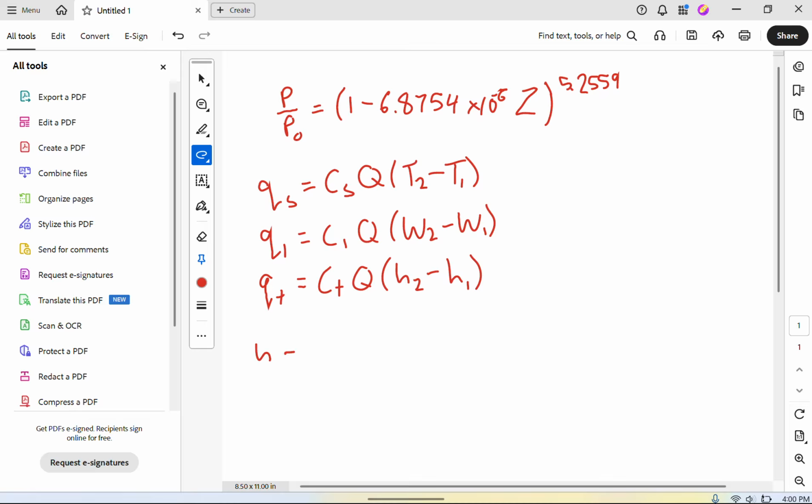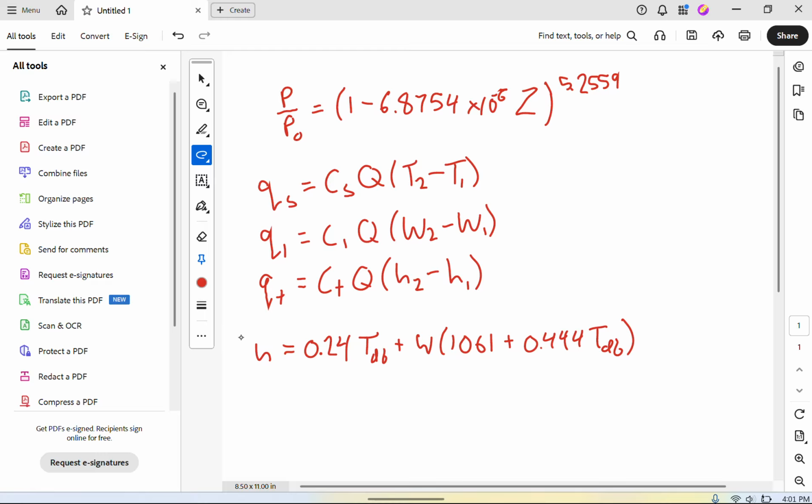This relationship can be described with one simple equation: H, for enthalpy, is equal to 0.24 times your dry bulb temperature plus W, your humidity ratio, times 1061 plus 0.444 times your dry bulb temperature. And this equation does not need to be modified with your altitude adjustment. This one is just the same for any elevation.